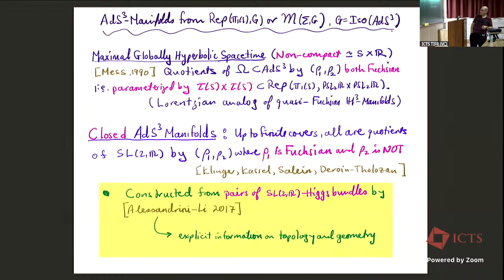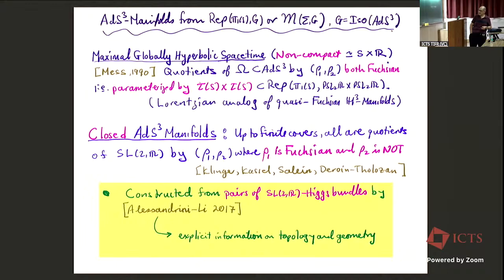So these are descriptions of these manifolds from the point of view of representations. There is a very nice construction of these closed anti-de Sitter manifolds using Higgs bundles. This was one of the items on that list that I had up earlier of situations where Higgs bundles have now successfully been used to construct geometric structures.